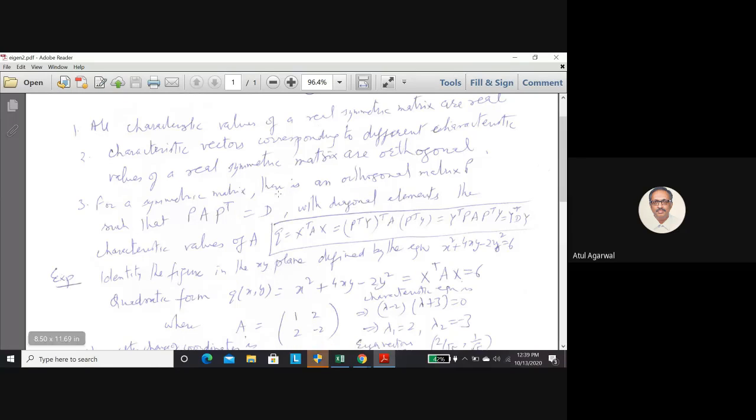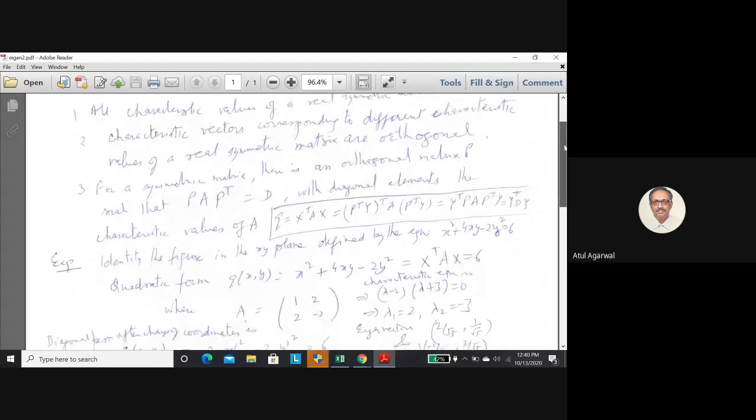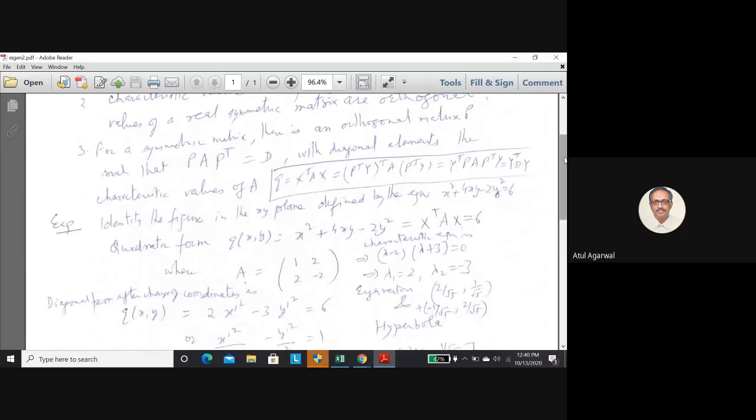So here, P transpose is nothing but P inverse. This is the property of orthogonal matrices. If you take the columns, their dot product with each other will be 0. Similarly for rows, their dot product with each other will be 0. Only with itself it will give a unit value if it is a unit orthogonal matrix. Unit orthogonal matrix means each eigenvector you have converted into a unit vector.